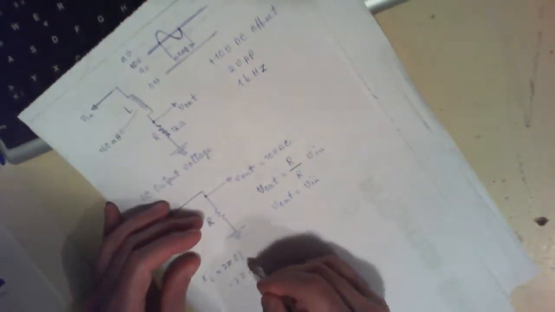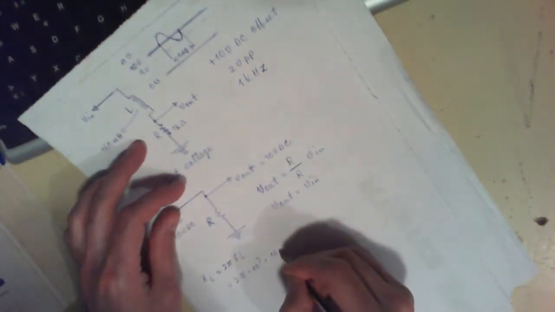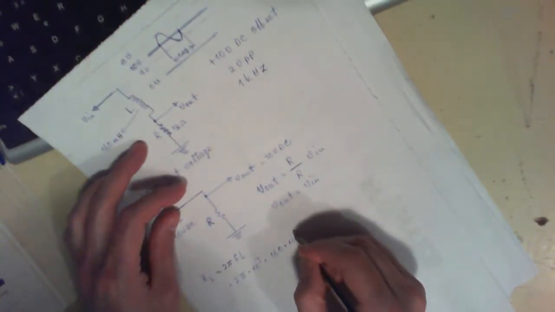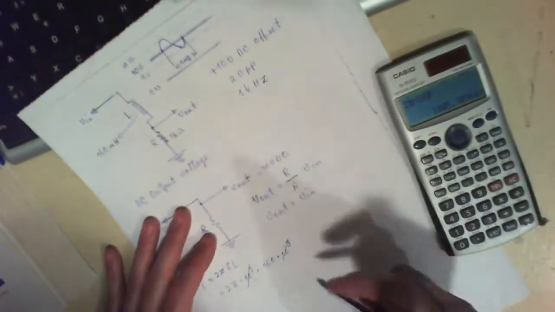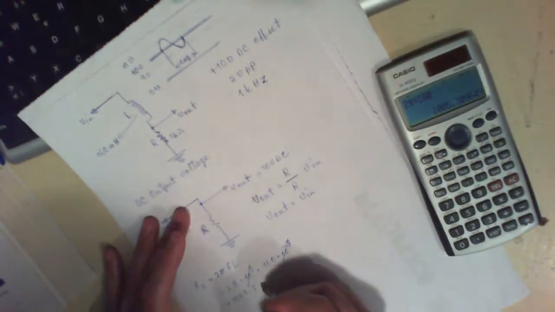The frequency was 1 kilohertz, so 10 raised to the power 3 hertz, times the inductance of your inductor, which is 160 millihenry. 160 millihenry is 160 times 10 raised to the power negative 3 henry. That is 2 pi times 160, which is equal to 1005.3 ohm.